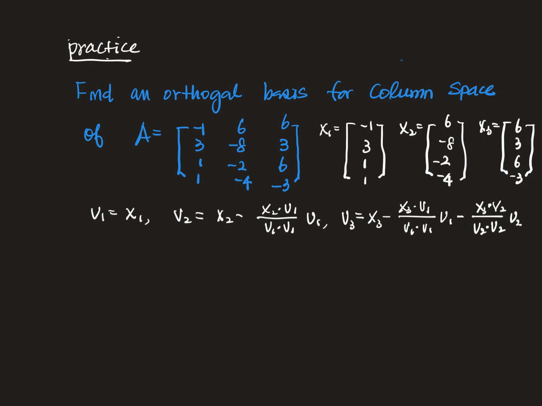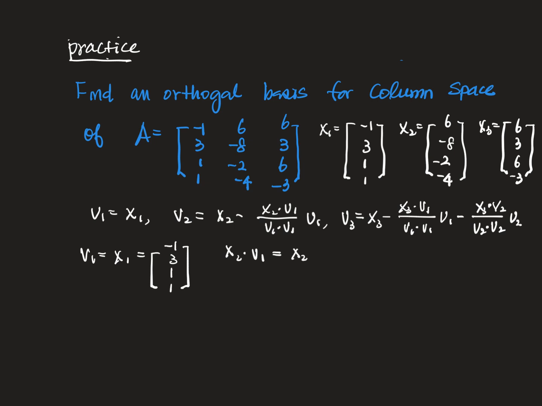That's the Gram-Schmidt process. So let's go to the first one. v1 is x1, which we found already: (-1, 3, 1, 1). Now the v2 vector. You first find x2 inner product v1, which is x2 inner product x1.